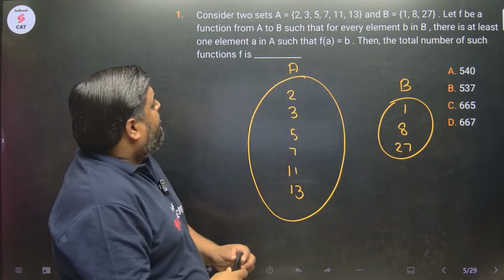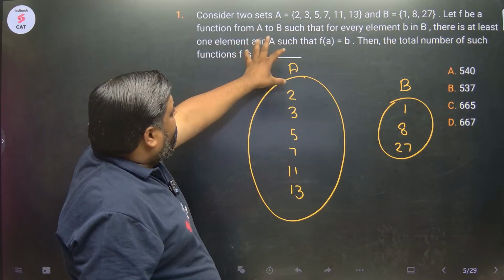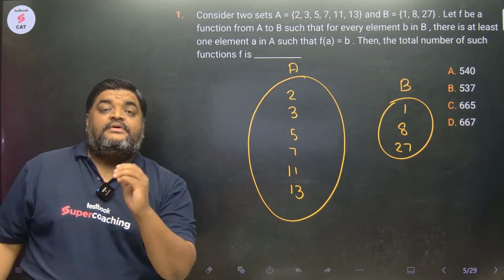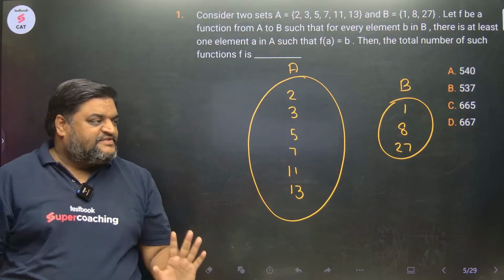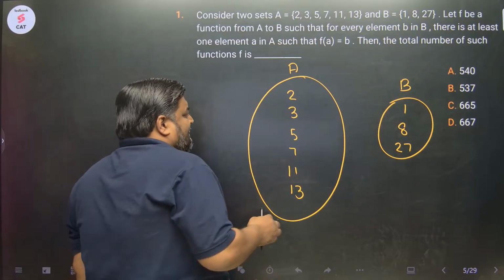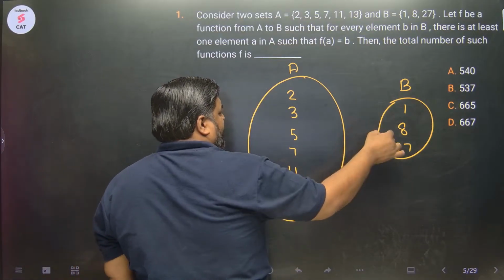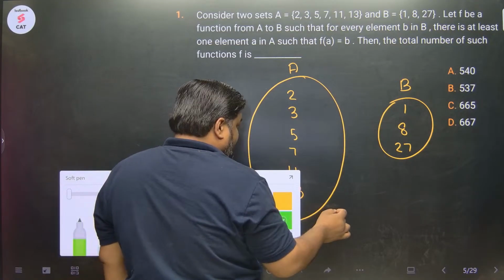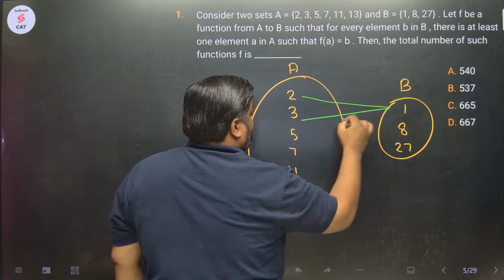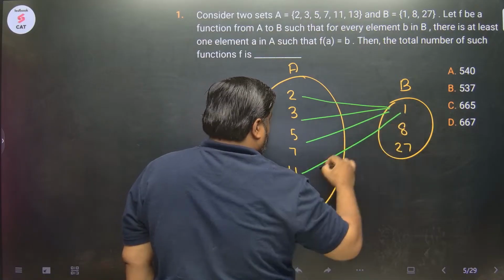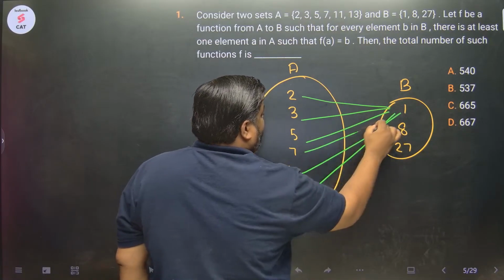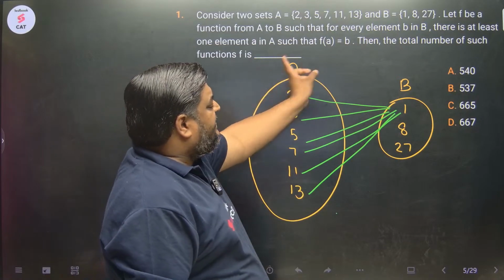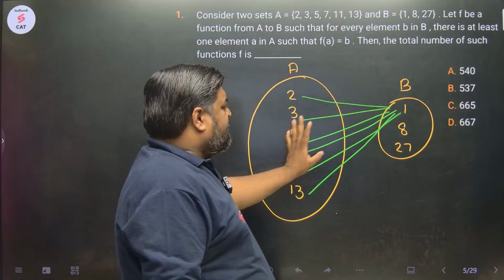Now for every element in B there is at least one element in A. What does this mean? कि B के हर एक एलिमेंट के लिए there is an element in A, which means कि ऐसा केस पॉसिबल नहीं है. We are aware of the fact that any element in A can be mapped only with one element in B, right? So ऐसा केस पॉसिबल नहीं है.